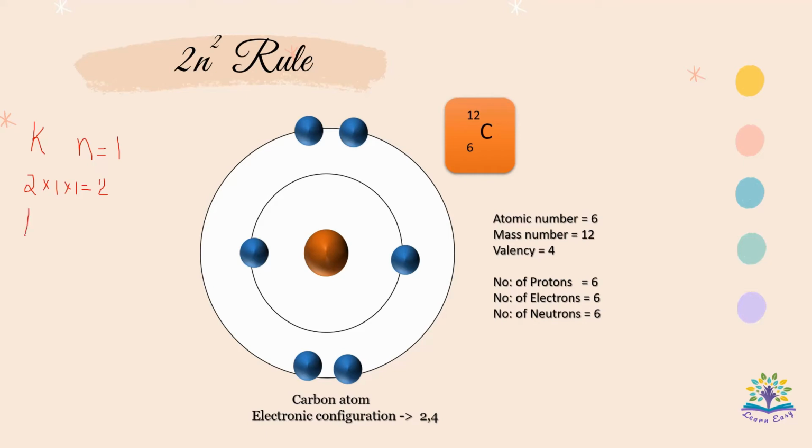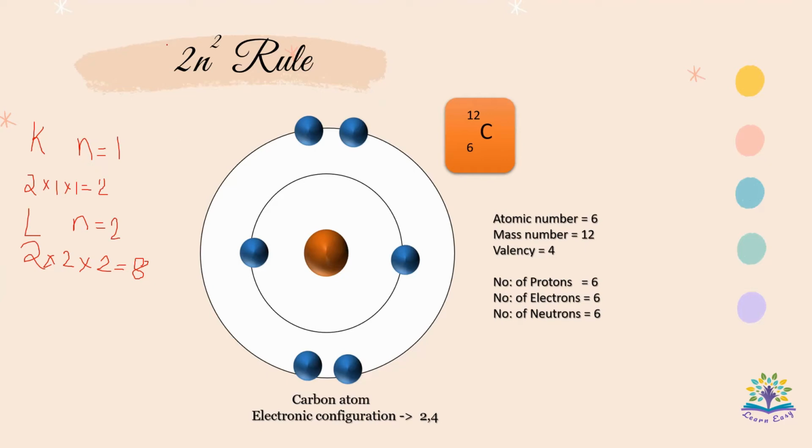The L shell has orbit number 2. It can have a maximum of 2 into 2 into 2, that is 8 electrons. Like this, M and N can have 18 and 32 electrons respectively, and this will continue.